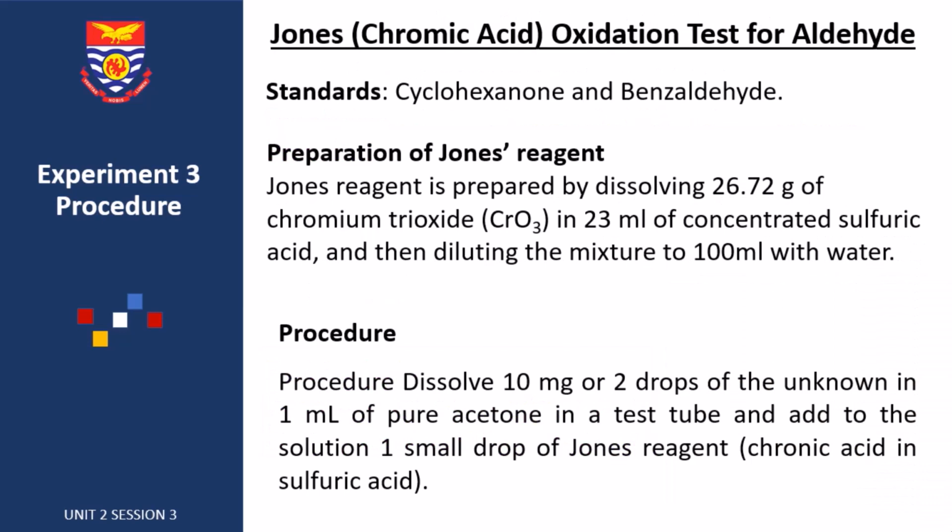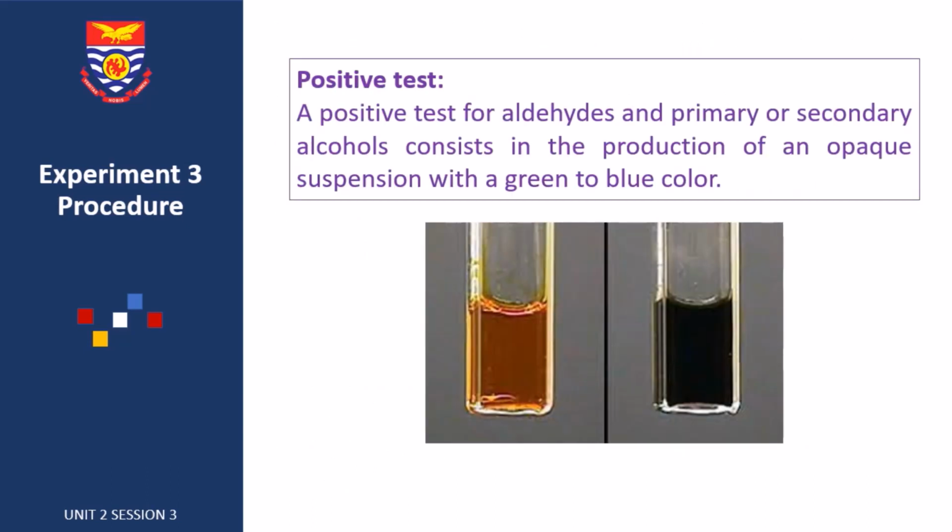The third experiment, which you probably did in the lab, is the Jones oxidation test, the chromic acid test we talked about in the previous slide. A positive test result is indicated by an opaque suspension, which is green to blue in color. This is indicative of the presence of an aldehyde, a primary or a secondary alcohol.